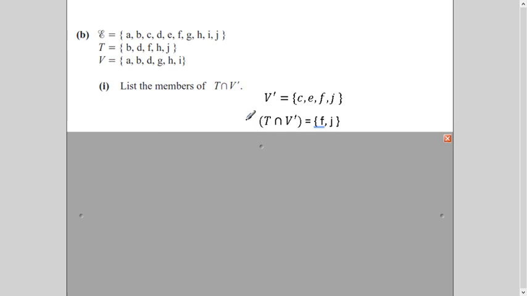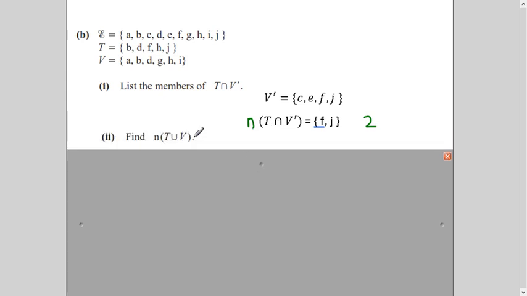If the question had n here, for example, small n like this, then what would I write? Instead of this, I would have written 2, because this means the number of elements, basically, right? Okay. Oh, it has asked here the same question, but without complement. So it is saying n of T union V, the number of elements.